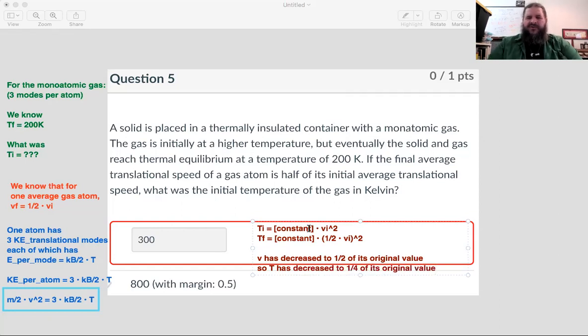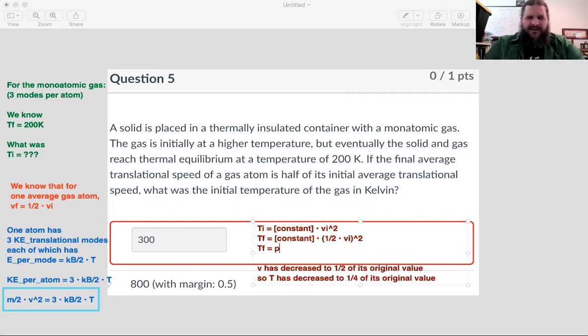Because temperature is proportional to speed squared, and the squared affects the multiplier as well. Because we are squaring the final speed, which means we're squaring 1/2 of the original speed. The squared affects both of those, the modifier and the initial speed. In fact, you could even write that out.